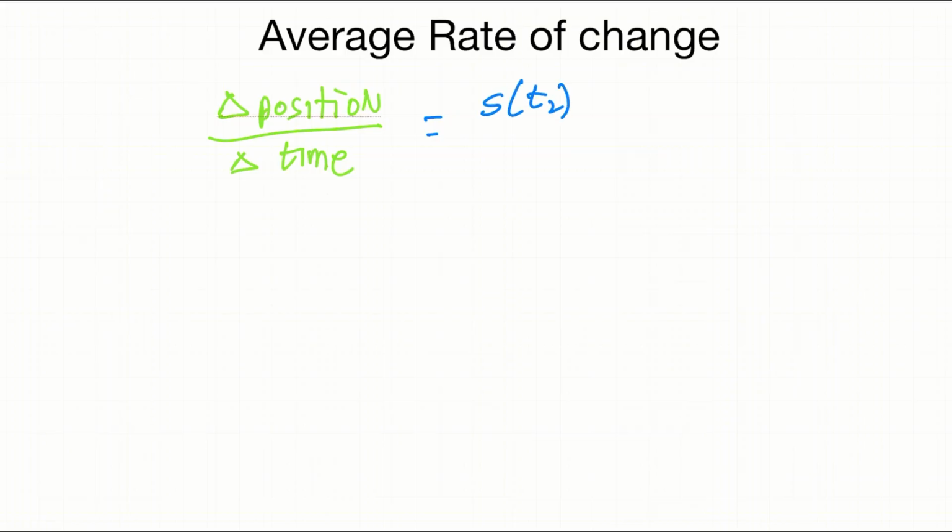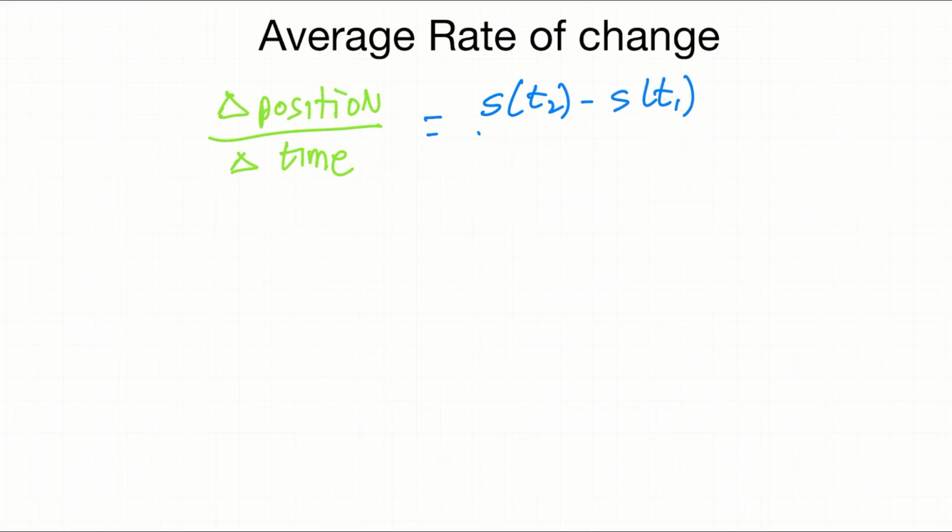So now let's look at the average rate of change in the case where we know the start and the stop. That's just the change in position divided by the change in time. That's going to be our average. If we write S as the function, S is going to be our variable position and t is time.